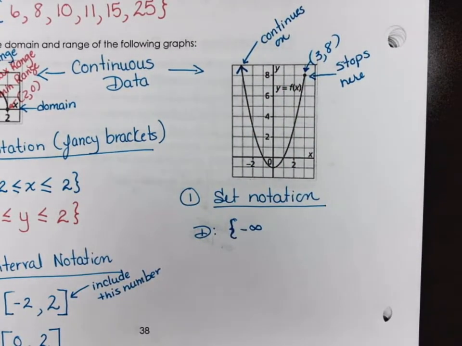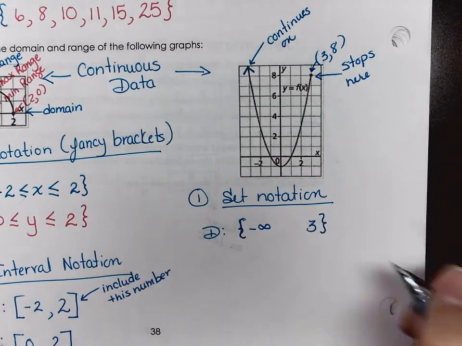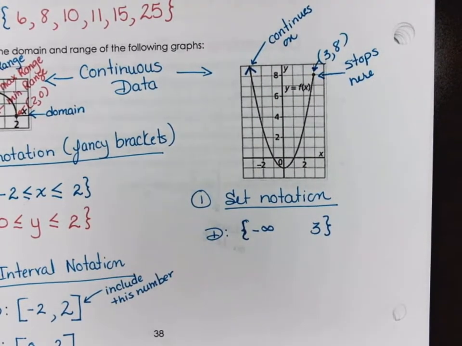So the farthest right we go, because it stops there, it goes to 3. Okay, we're dealing with our domain, so what variable is that? It's not going to change ever. X.